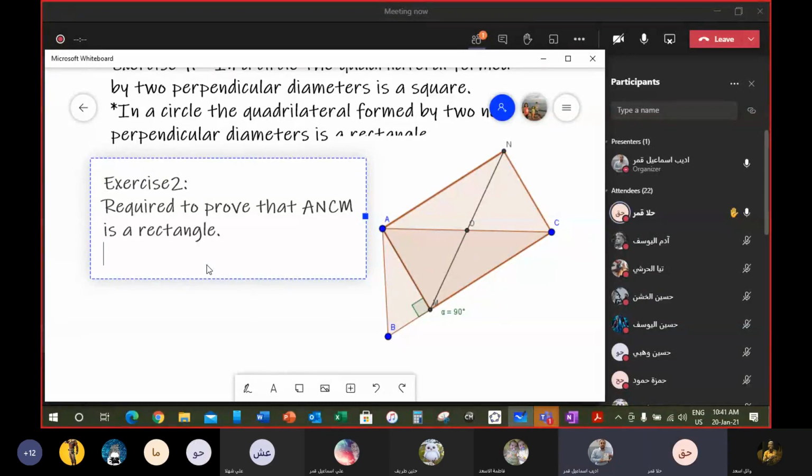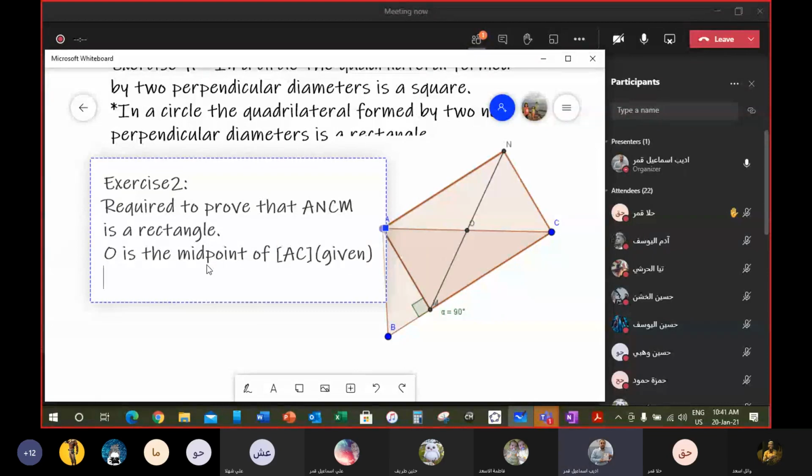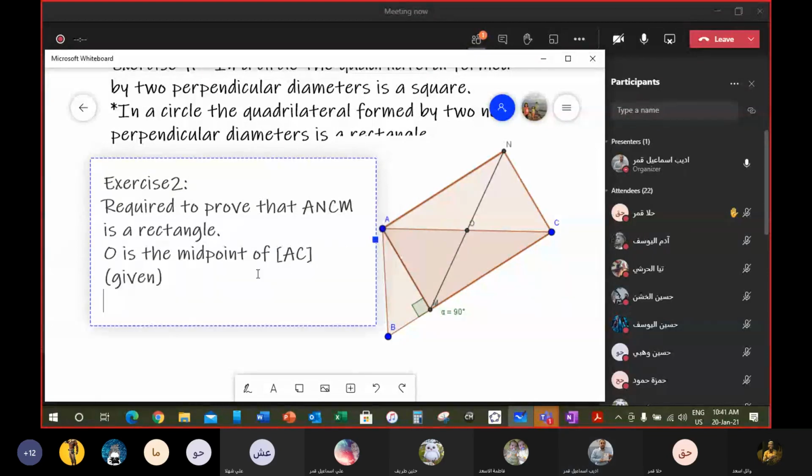And N is the symmetric of M with respect to O, given.